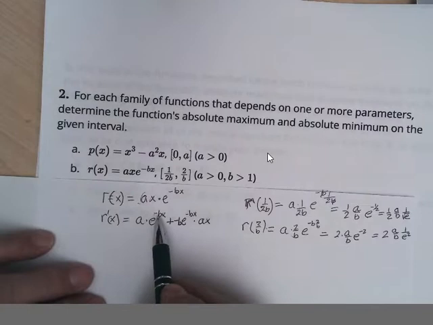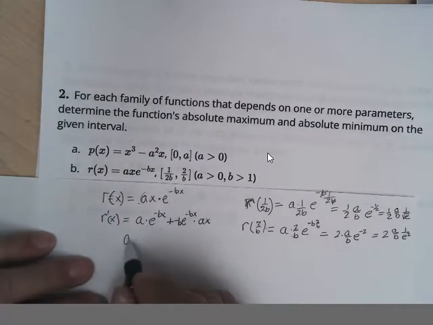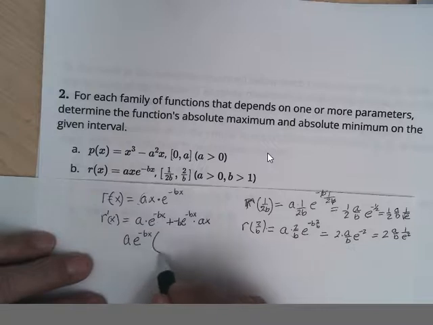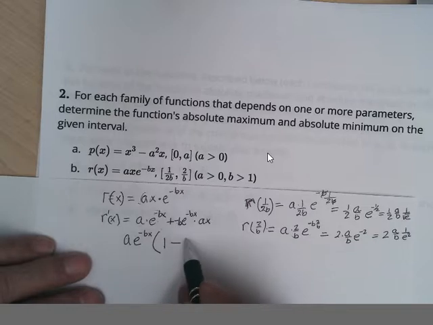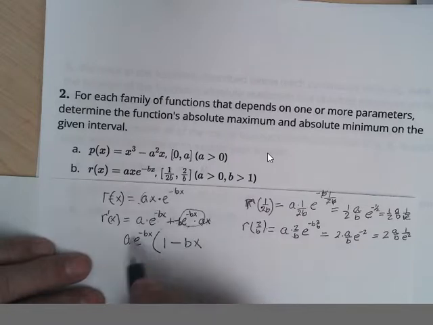There's e to the minus bx times a in both of these, so I'm going to factor out a e to the minus bx, times 1 minus bx.